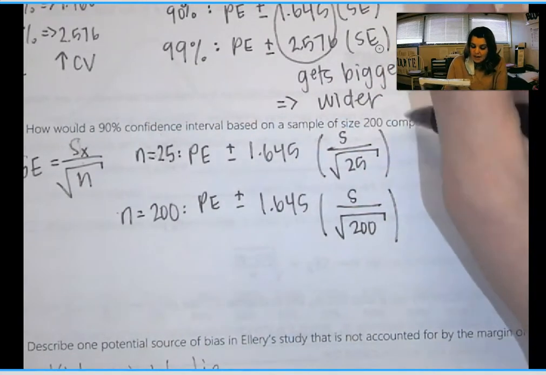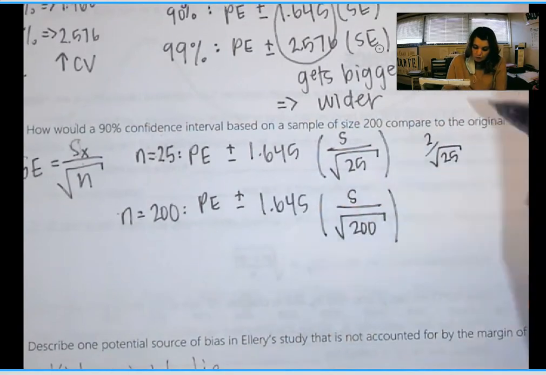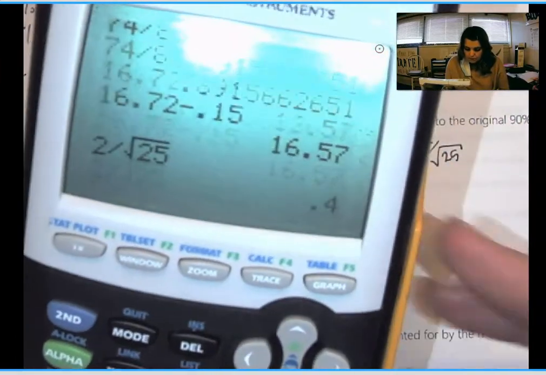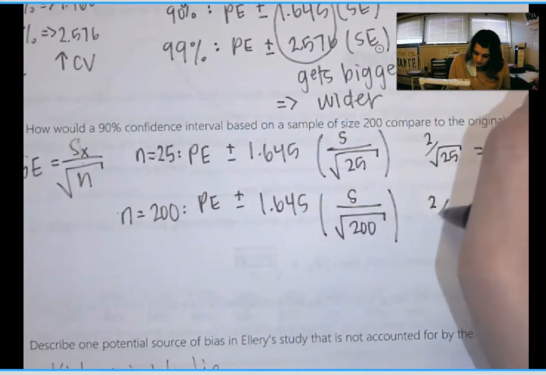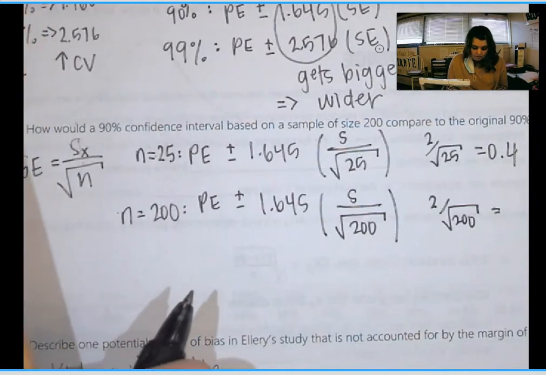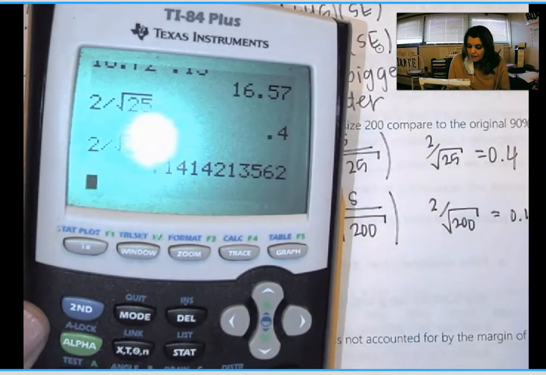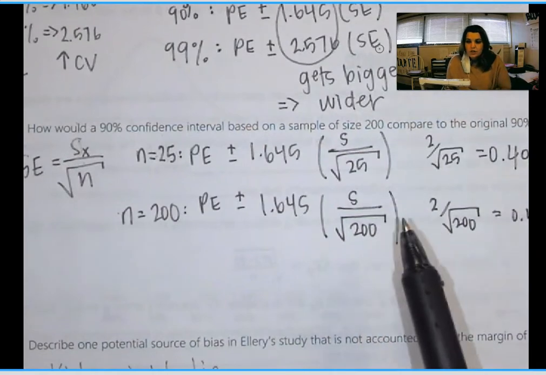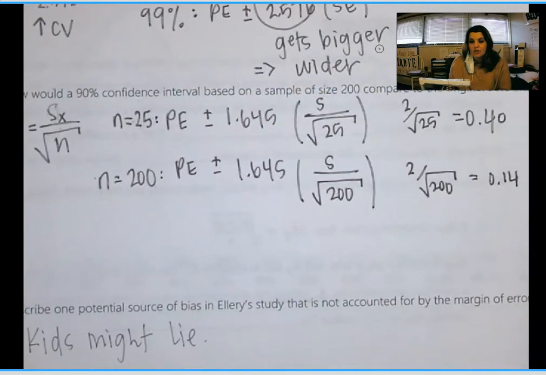So let's say our S was 2, just to make things easy. 2 divided by the root of 25 is 0.4. 2 divided by the root of 200 is 0.14. When you make your sample size bigger, your denominator becomes bigger, which then makes your standard error smaller.